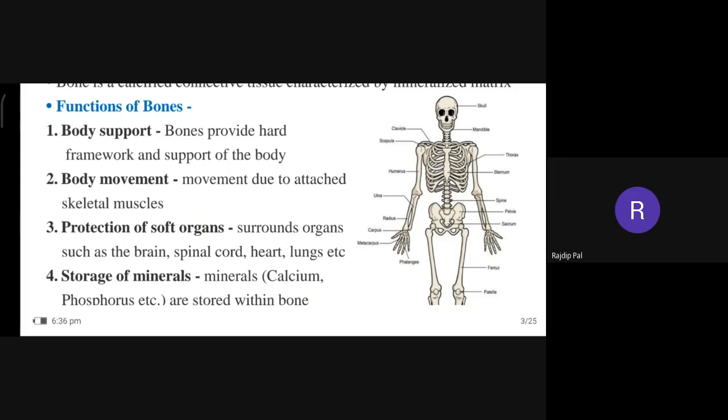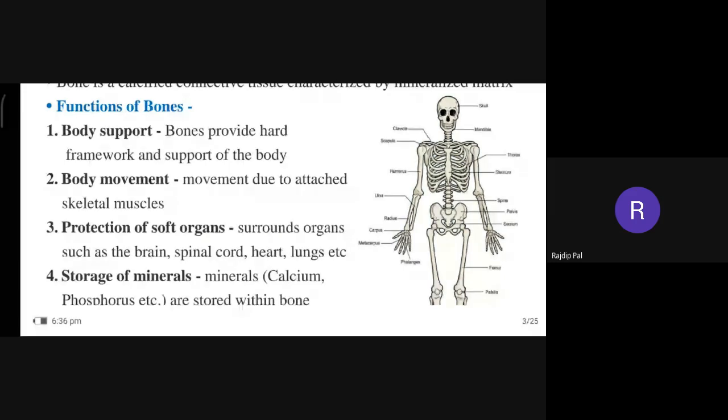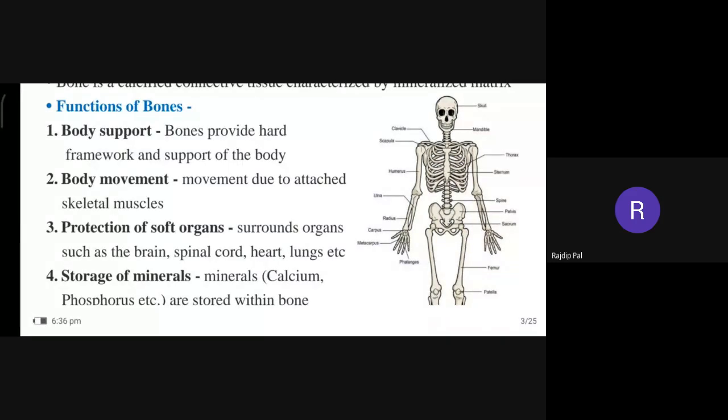So if we had only muscles, not bones, it would be very difficult to move our body, or if we did not have any ball and socket joint or hinge joint, then it would be very difficult to move our hands or legs as we wish. So our body movement is initiated by the skeletal system only.